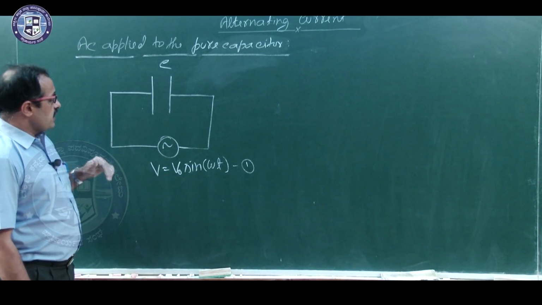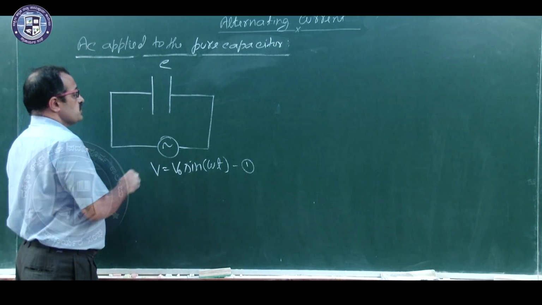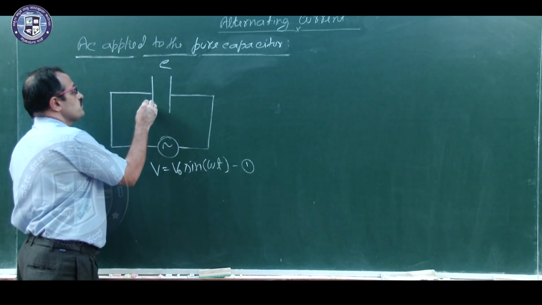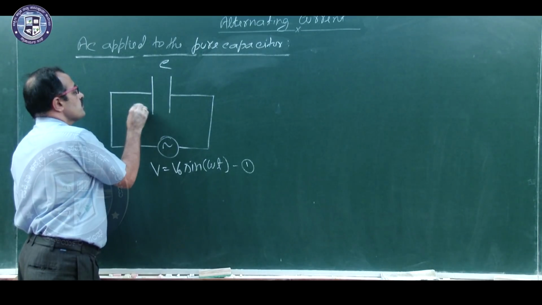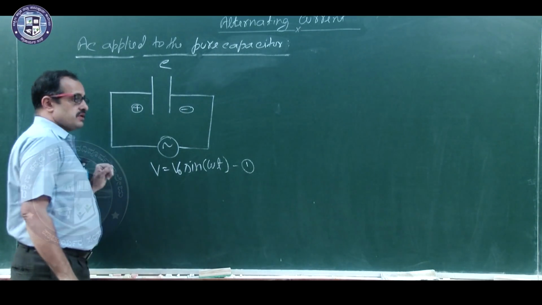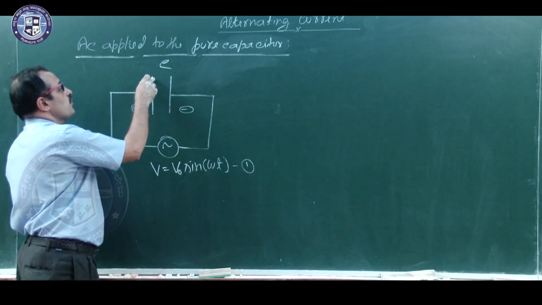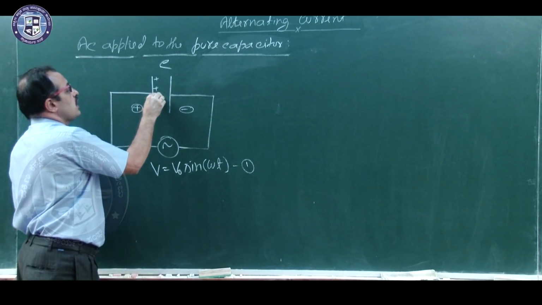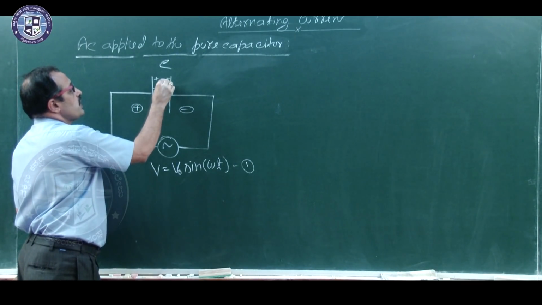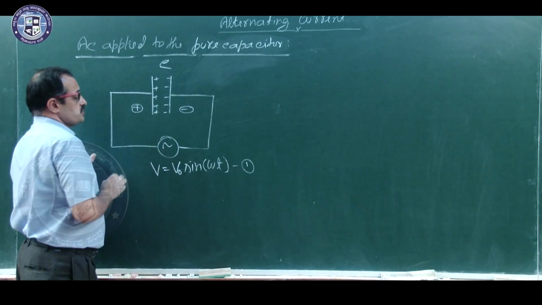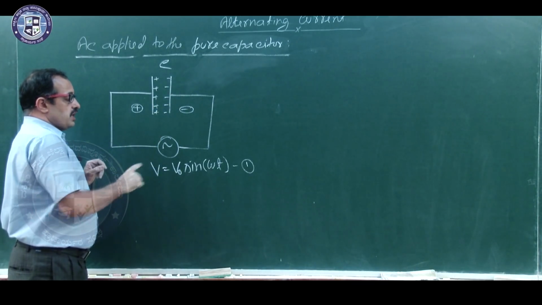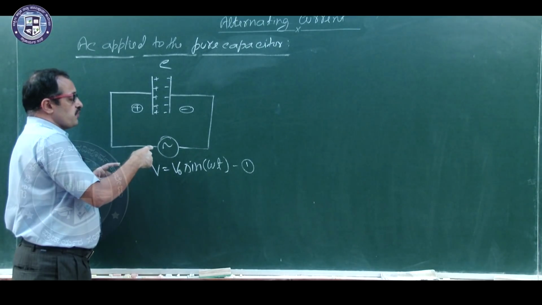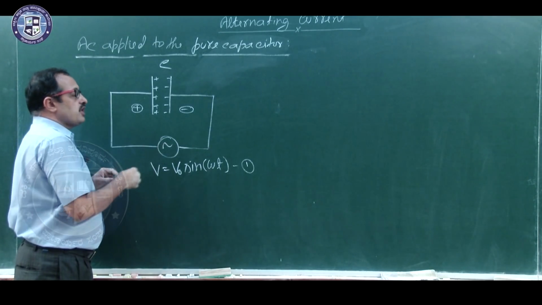What is the meaning of that? Let us say at one instant, this side is positive, then this is negative. Therefore, this plate acquires positive charge and this plate acquires negative charge. But it is AC, therefore, polarity has to change.